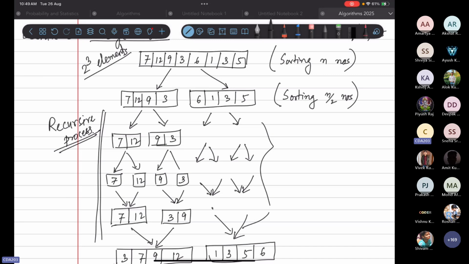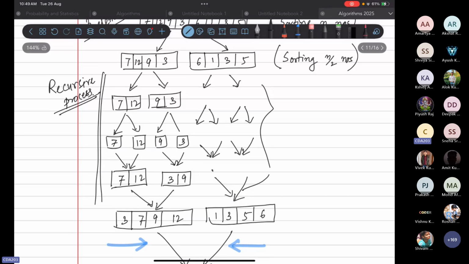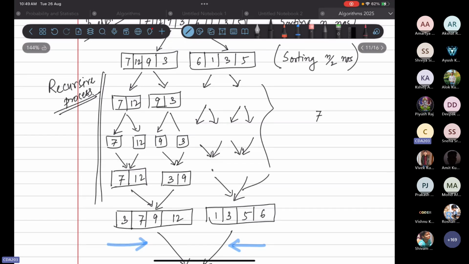But that is not a very big problem, because if I have an odd number of elements, I'll not get exactly equal halves, but one half will have just one more element than the other. The example that you put here is 7, 9, and 11.